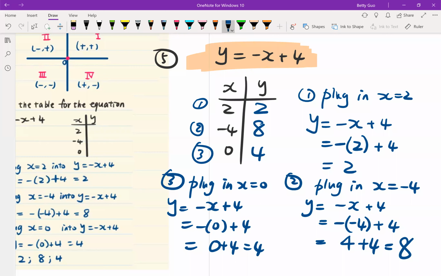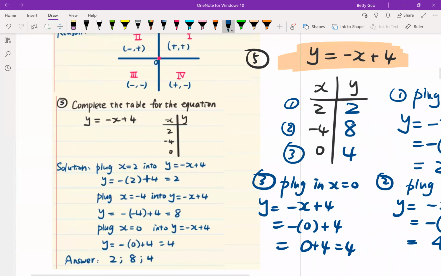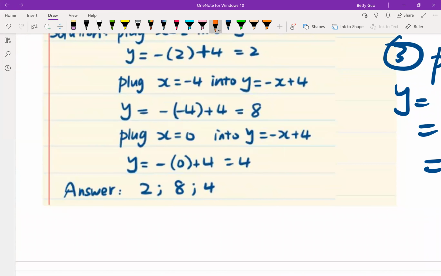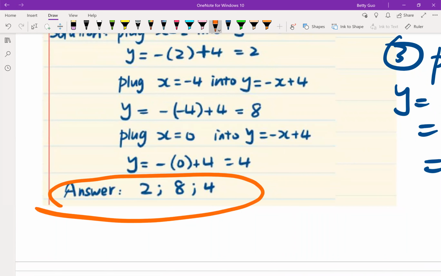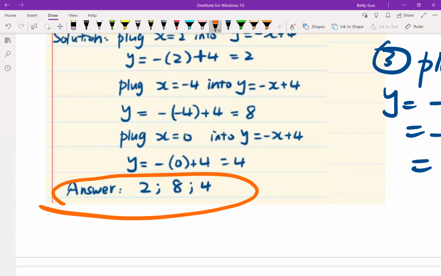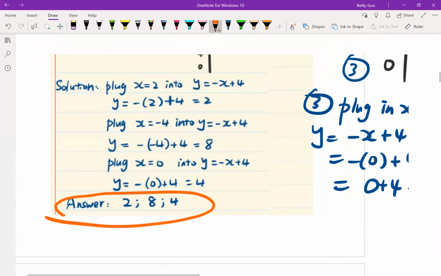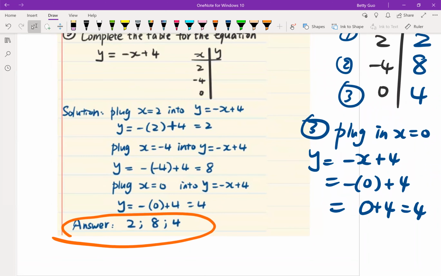So the answer you're going to choose is supposed to look like this: 2, 8, 4. That's the answer you should choose for this problem, because 2 is right here, 8 is here, 4 is here, right? Any question about number 5?